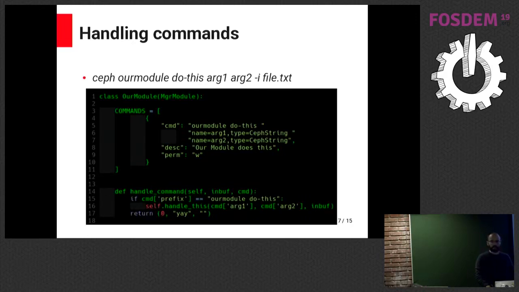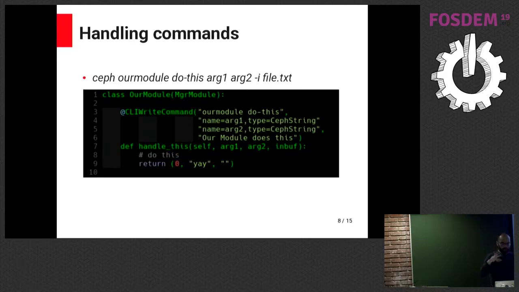However, Ricardo, I think, implemented a new version of how to do command handling, in which we just have a decorator that specifies the command itself, and we can simply use that function. The manager will call that function directly, which reduces a bunch of the cruft in the module, because we don't have to describe all the commands and then have a handle command function that's just calling out a bunch of other functions.